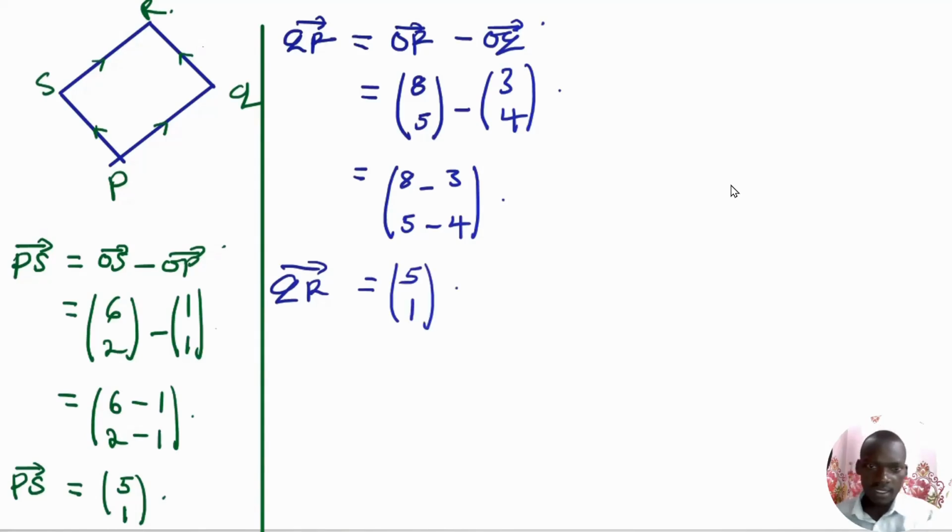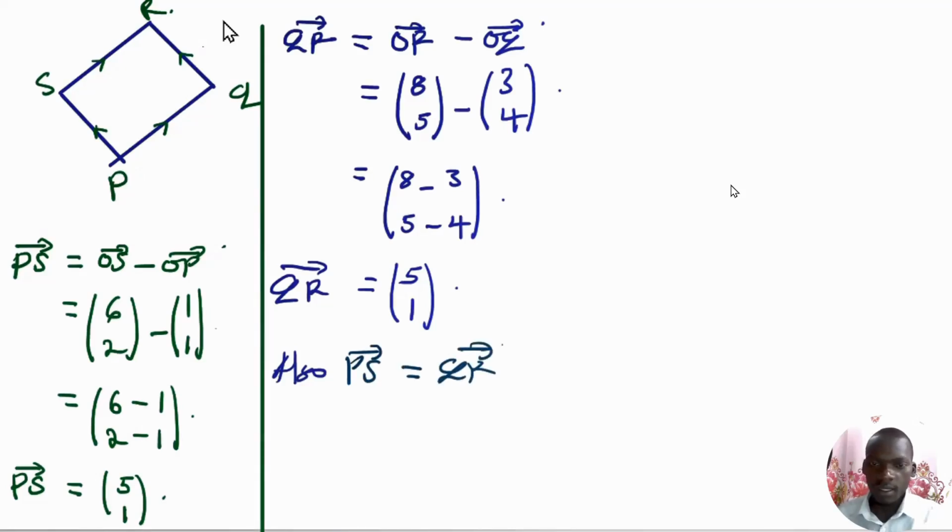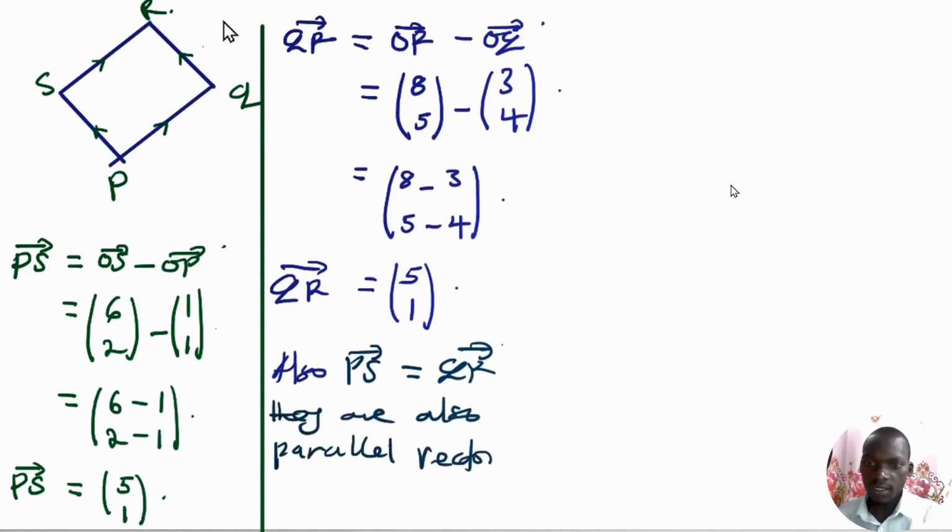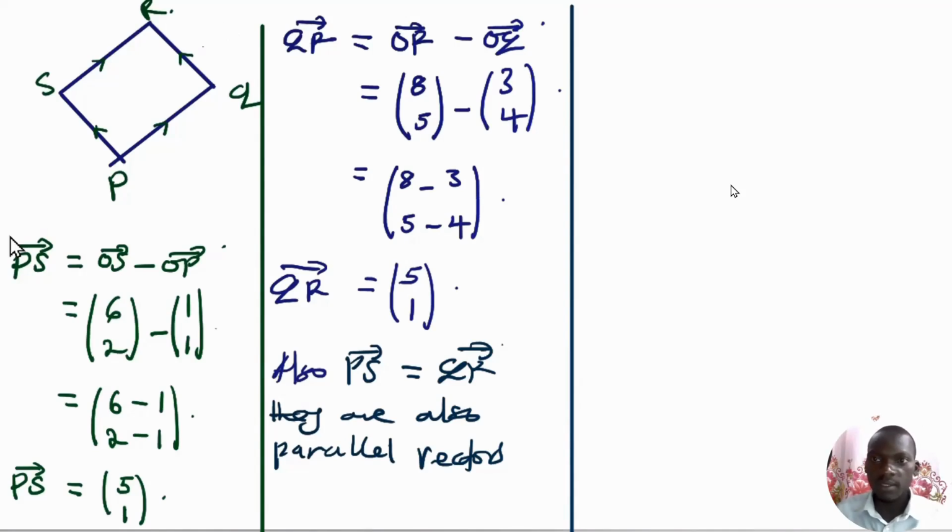So we can see that vector PS equals vector QR, implying that they are also parallel vectors. From this, we can go ahead and get the magnitudes. Let's first find the magnitude of PQ. The formula is the square root of x squared plus y squared.